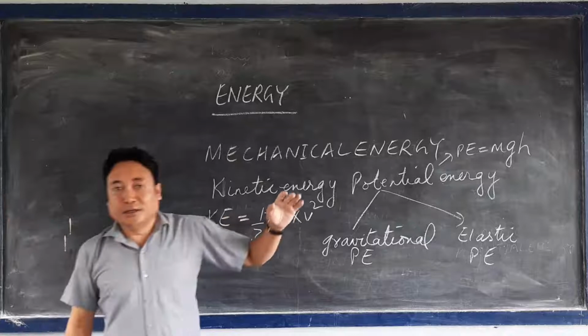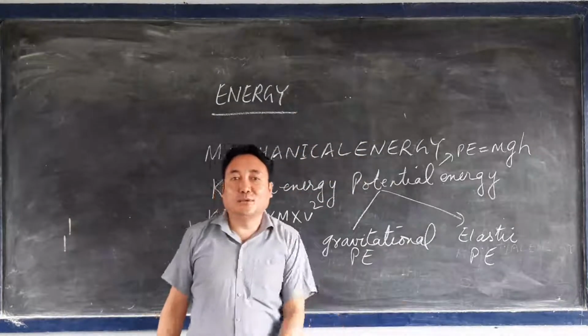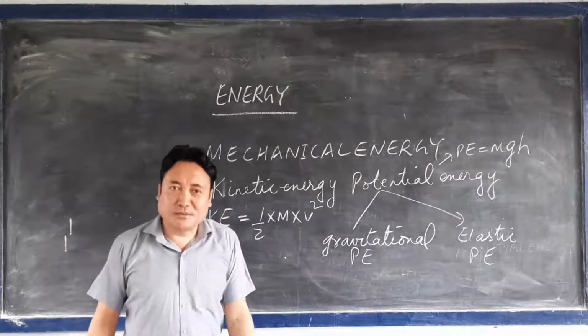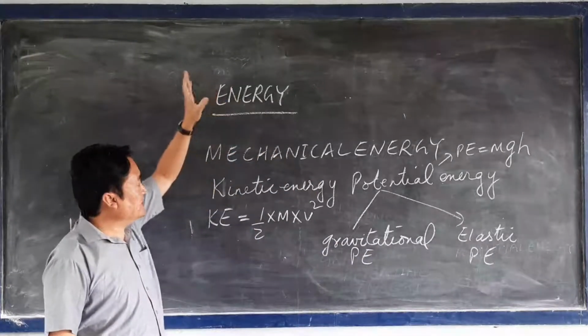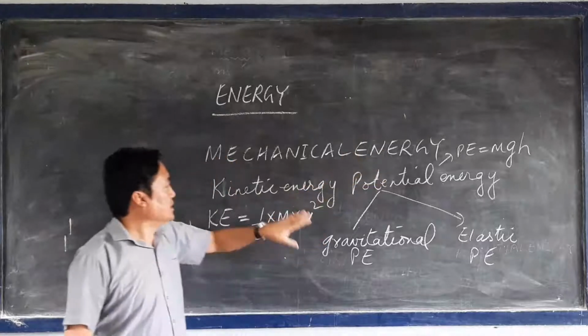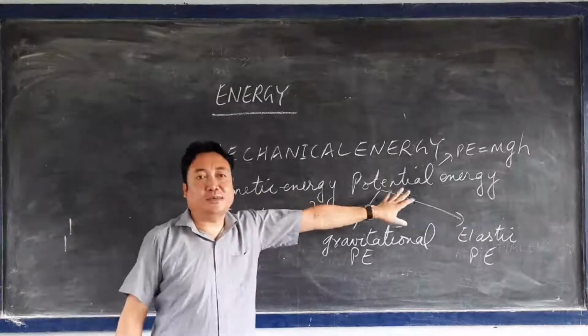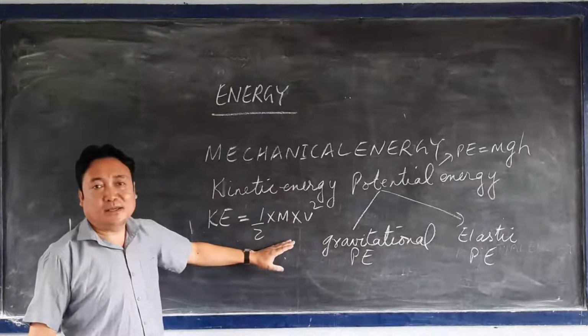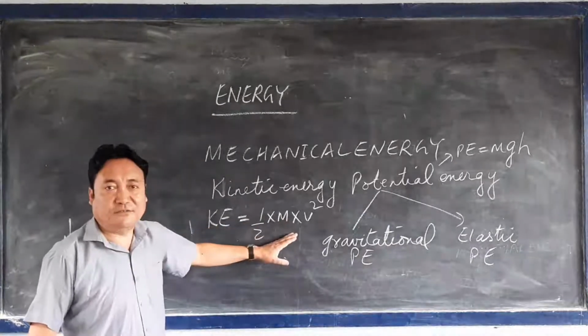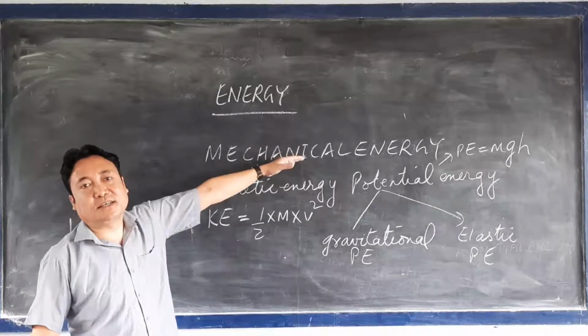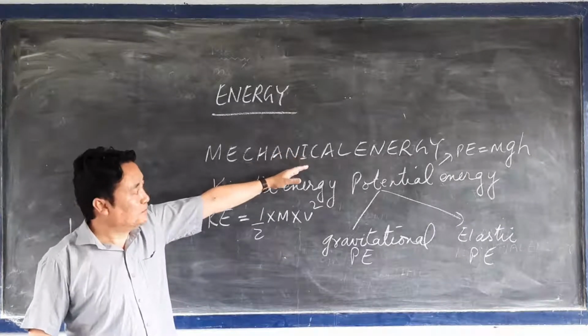Okay. So now in the next class we will come to another point, that is transformation of energy. So far I have explained the term energy and the term mechanical energy. Two forms of mechanical energy: kinetic and potential energy. Kinetic energy is possessed by a body when it is in a state of motion. The relation is half mv square. The factors it depends on are the mass and the velocity of the moving body.